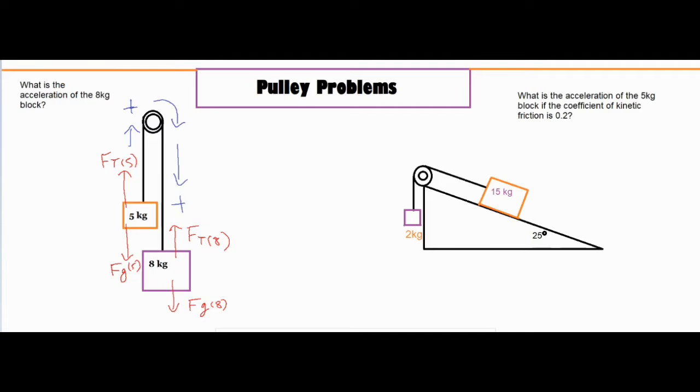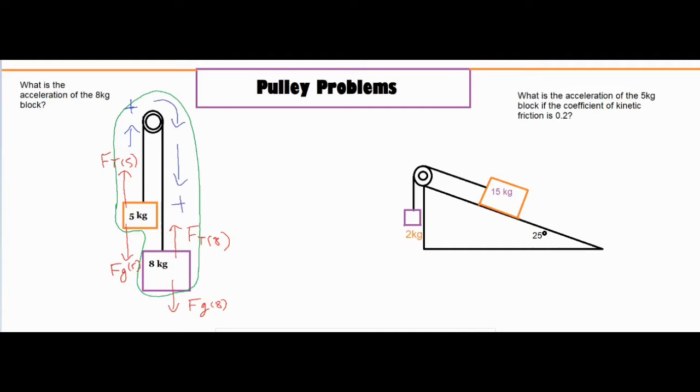The second thing you want to do with a pulley system is identify what your system is. So my system is the 5 kilogram mass and the 8 kilogram mass together. So I'm basically going to clump up everything in here, and I'm going to say that whole system moving is the thing that I'm going to be analyzing.